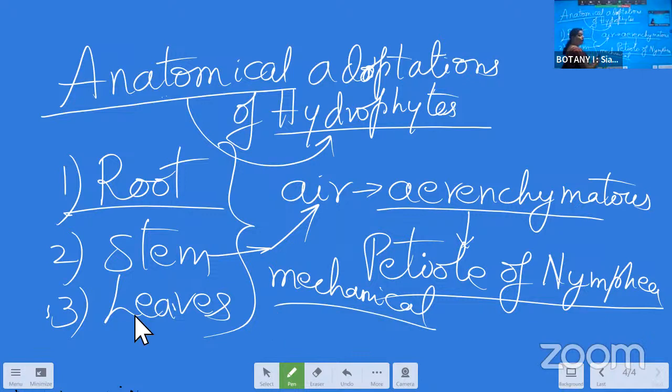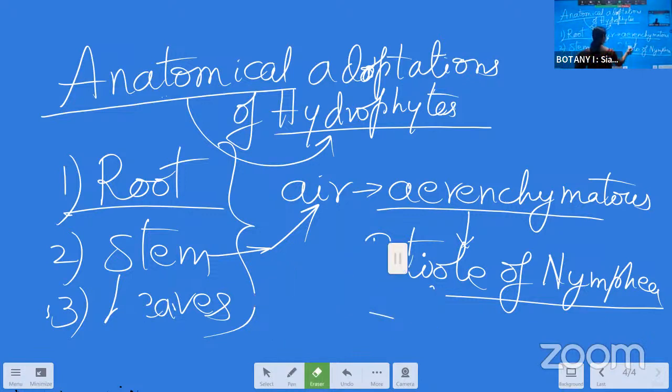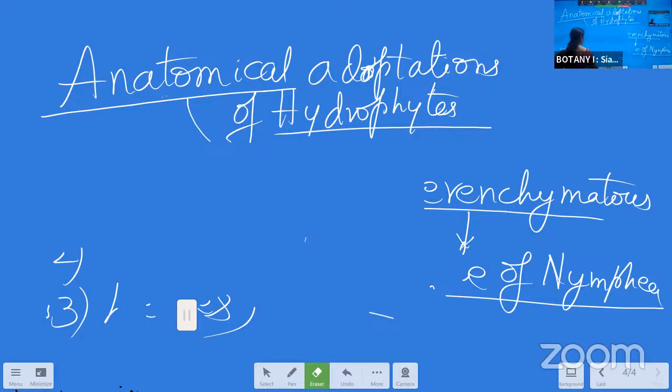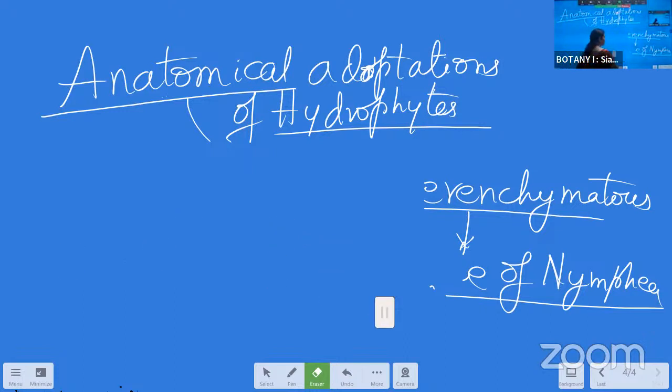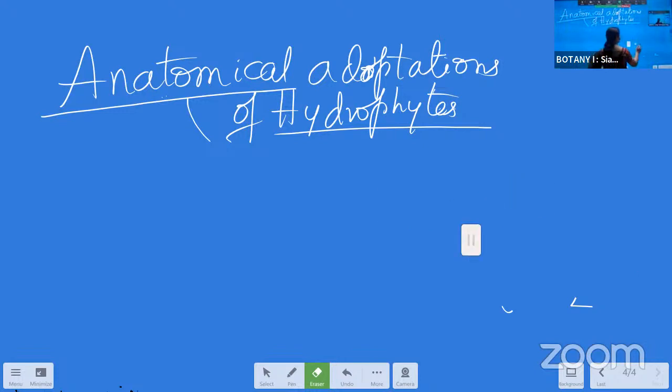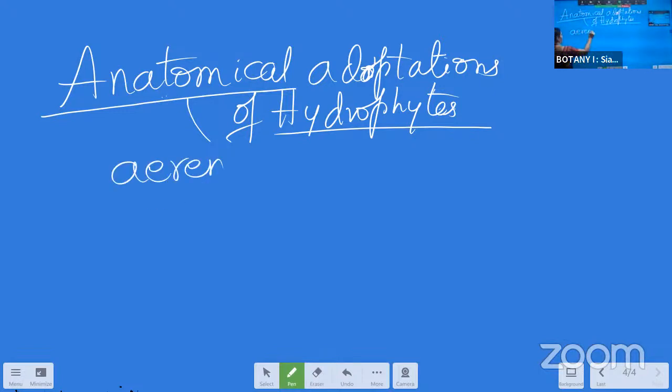But in all other hydrophytes, mechanical tissues are completely absent, except in the Nymphaea petiole. What we have to write? The first point is aerenchymatous tissue is very well developed. That is the first point.